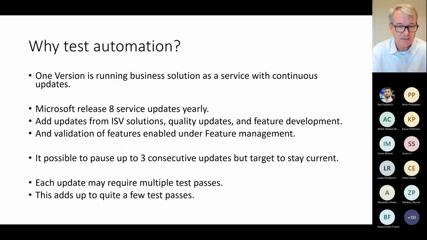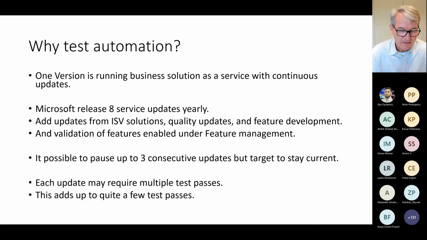We release about 8 times yearly. And add to that the updates you are seeing from ISV solutions, quality updates, even adding new features. It all adds up to quite a bit of change to your environment that you need to account for. Sure enough, you can pause updates up to 3 consecutive updates, but really you should target staying current. So how do you do that?